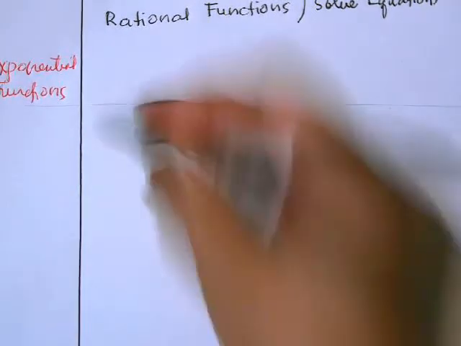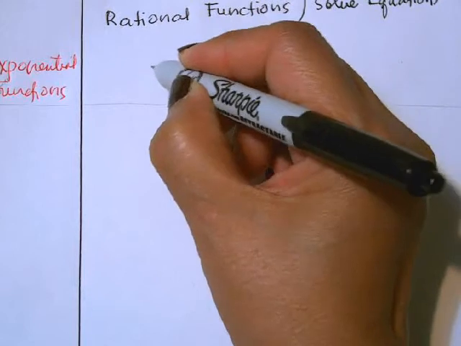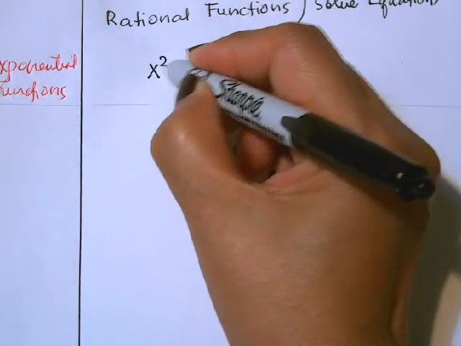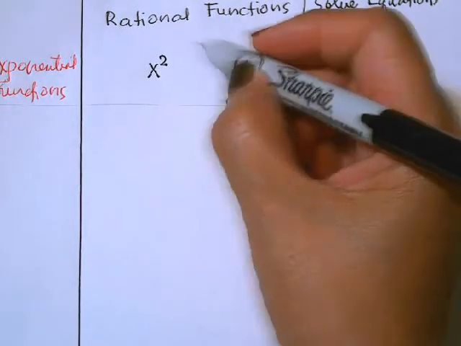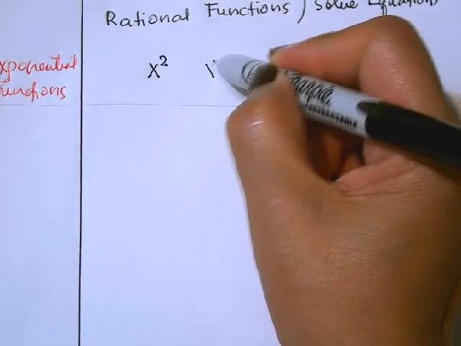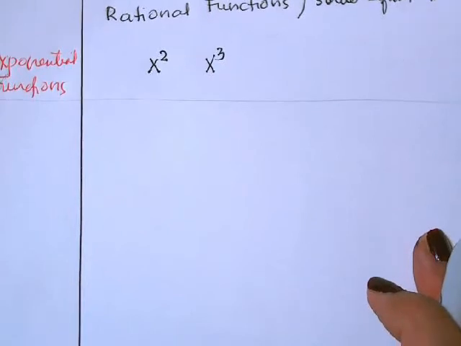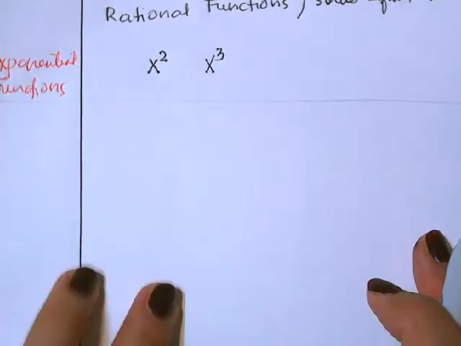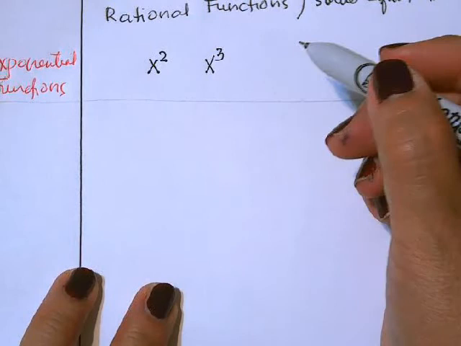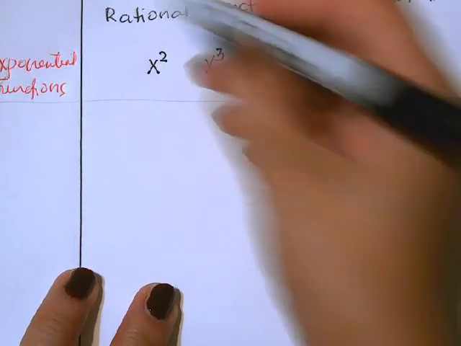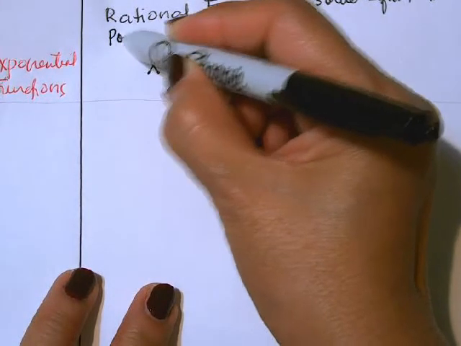So we are studying, before, like x squared, right? We know that x squared or x cubed, okay, they have exponents, but we don't call them exponential. They are actually polynomial functions. Oh, that's one more thing we have to study, polynomial functions.